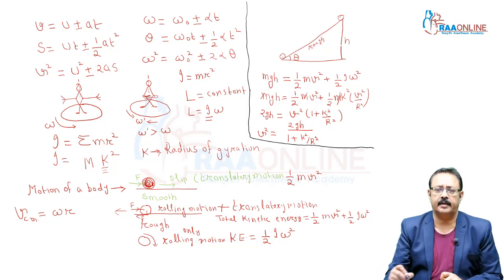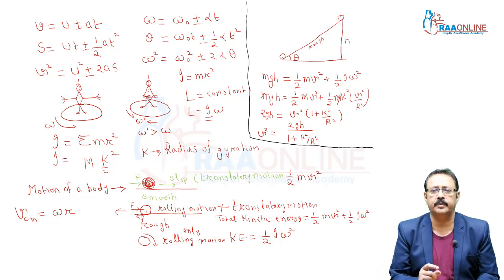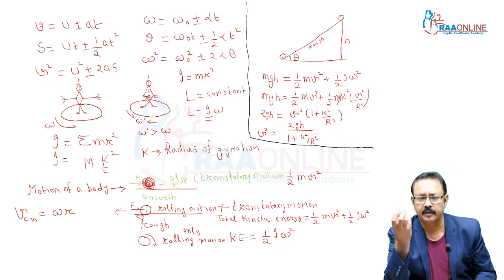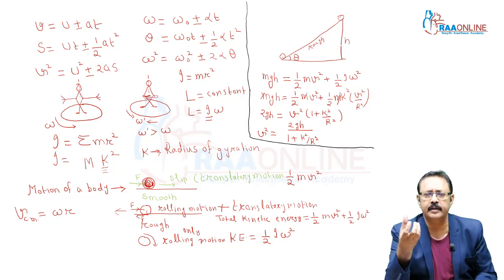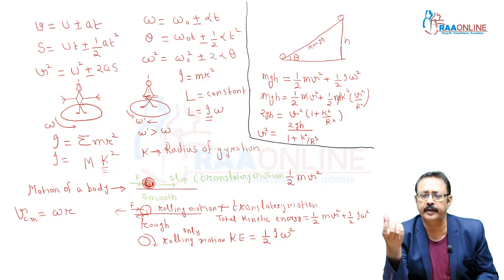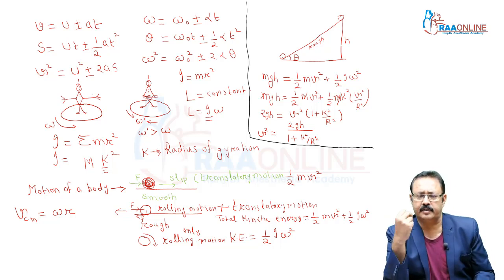In competitive exams, they will give you 3 figures: solid sphere, ring, disc, cylinder, hollow, solid. Who will reach first? From velocity you can check.